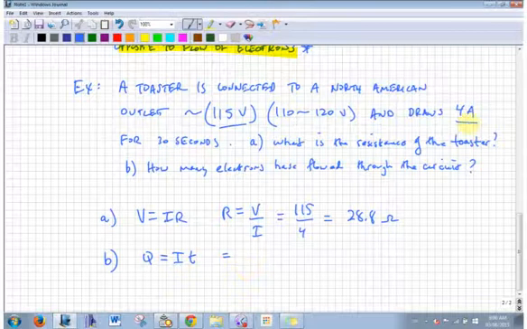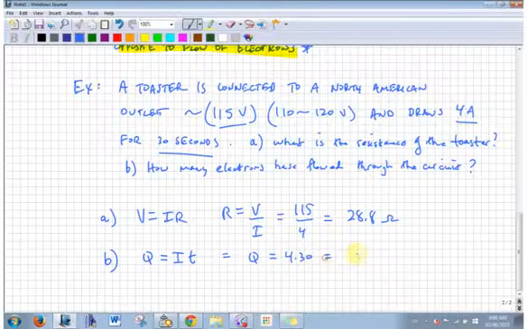Well, I is 4, and what's the time? 30 seconds. So I know the amount of charge is 120. What's the units for charge? Coulombs. Great, so it's 120 coulombs, but that doesn't tell me how many electrons it is.